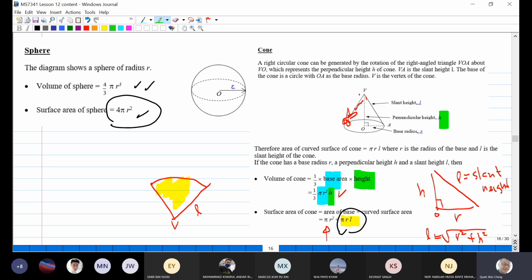There is also another one called slant height. The slant height is actually the side height here.